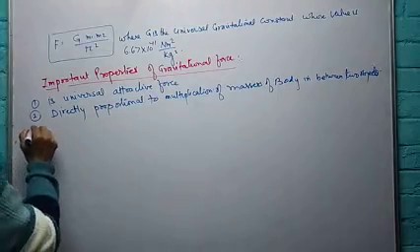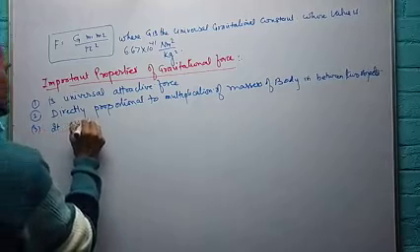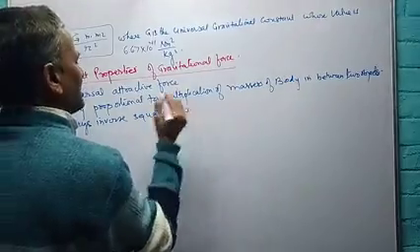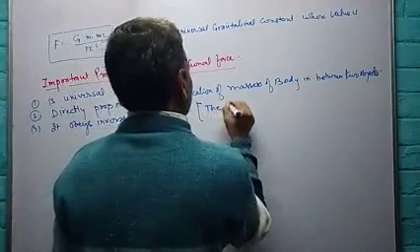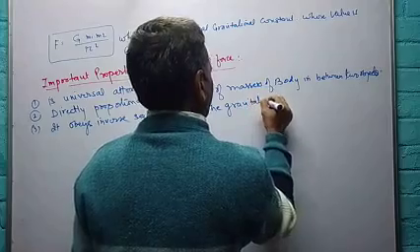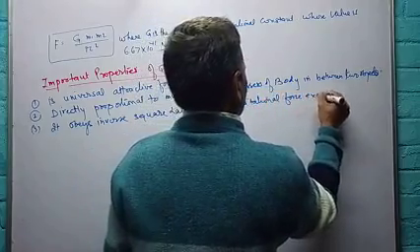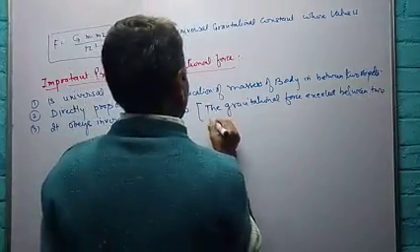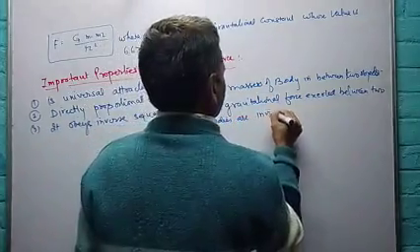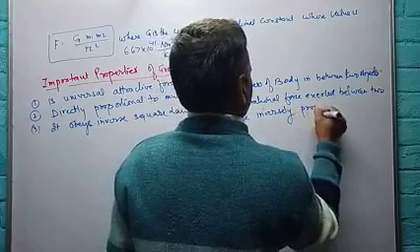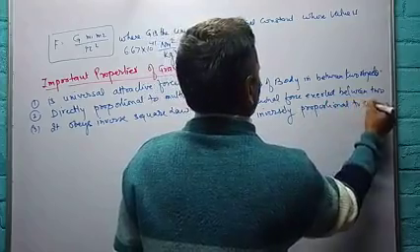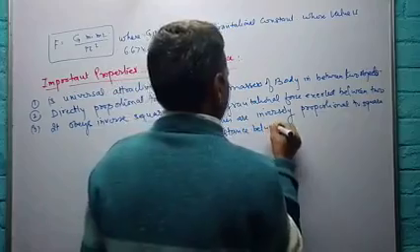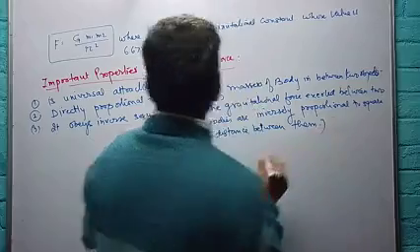It obeys inverse square law. In other words, you can say that the gravitational force exerted between two bodies is inversely proportional to the square of the distance between them.